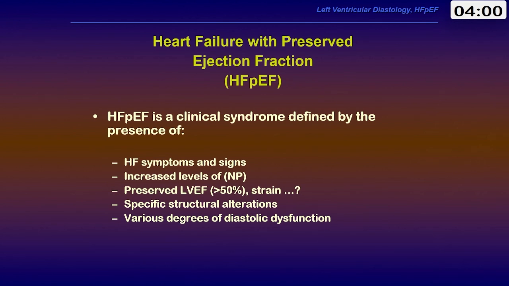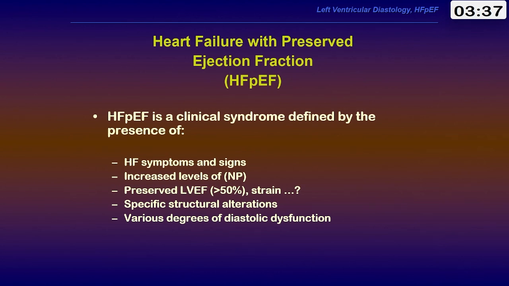Increased level of natriuretic peptide, if you have the facility for this, either pro-BNP or the frank natriuretic peptide. Preserved left ventricular ejection fraction more than 50%. And remember very clearly that ejection fraction is not the only surrogate for left ventricular systolic function. You have something else which is called strain.